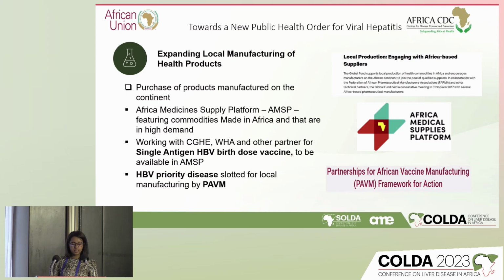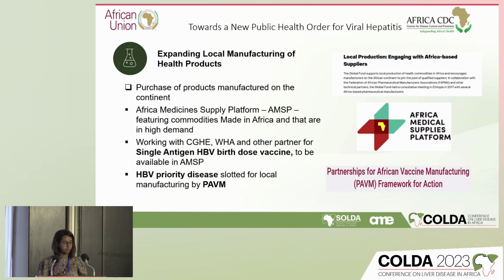The third pillar is expanded local manufacturing of vaccines, diagnostics, and therapeutics to increase access to life-saving medicines and equipment. COVID-19 has demonstrated the need for the African continent to be self-sufficient in local manufacturing of drugs and consumables.